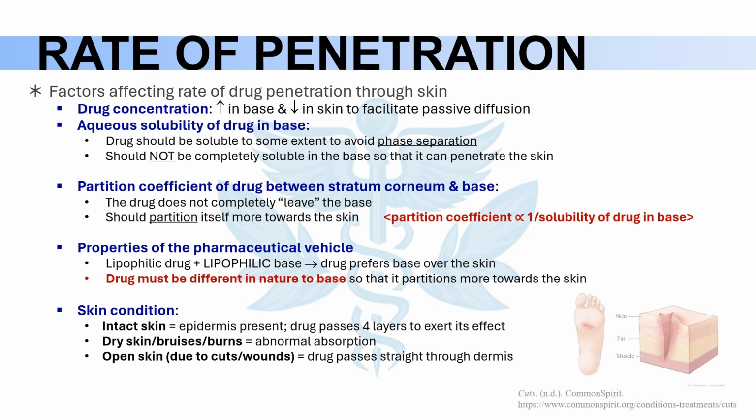If the skin is open due to cuts or wounds, like the diagram that I have right in front of you, that means that the structure of the epidermis is disrupted, making it easier for the drug to penetrate to the deeper layers, as there are no longer those organized layers that it would have to pass through.